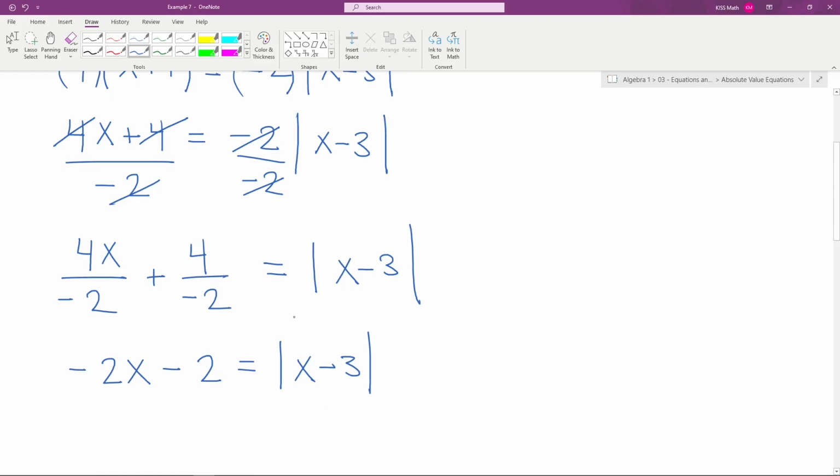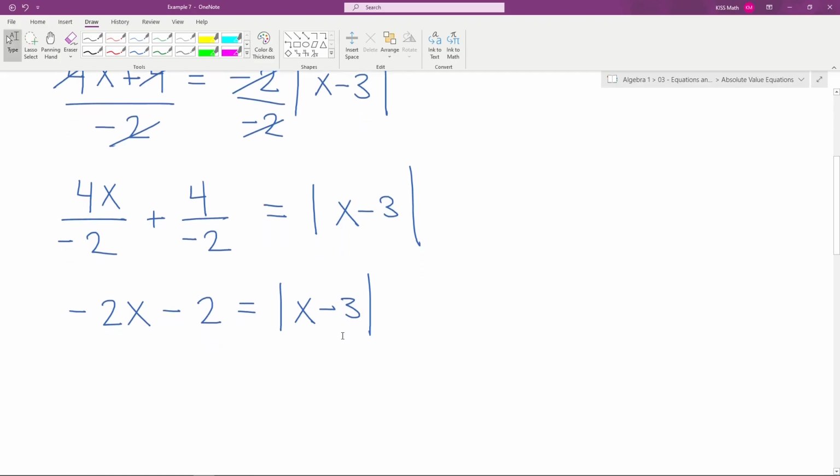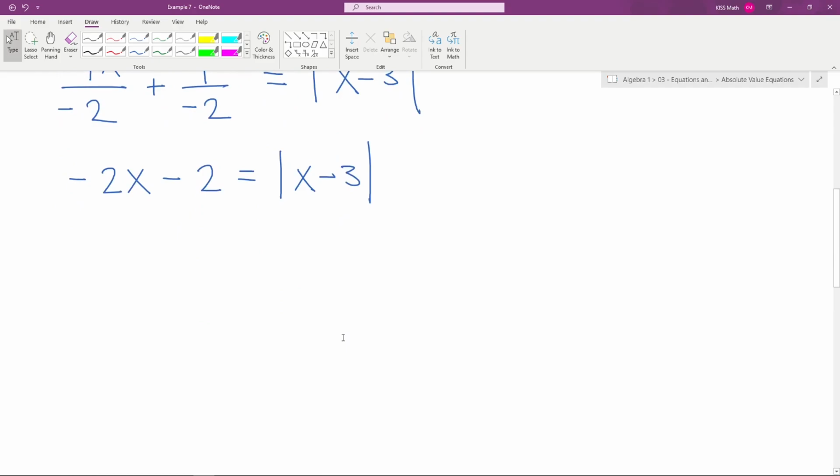So we can make our two equations, but notice that this time it's on the right side now. It doesn't really matter, it's just kind of a preference, but I'll keep it on the right side to show you that we'll get to the same answer essentially. So my first equation, I'm going to write negative 2x minus 2 equals x minus 3.